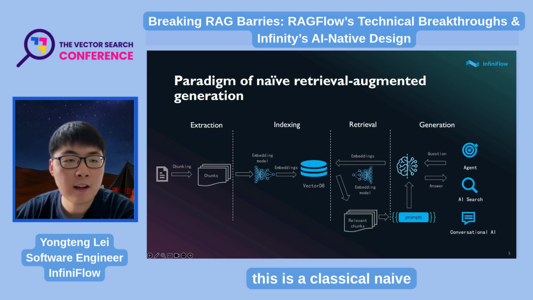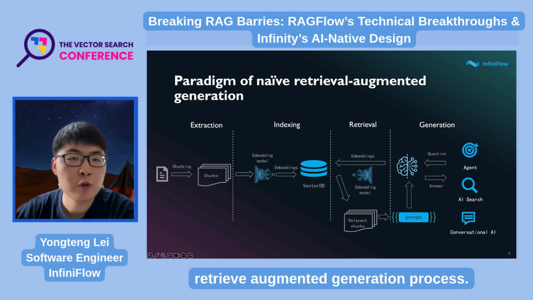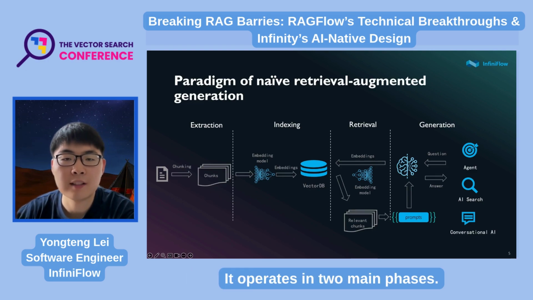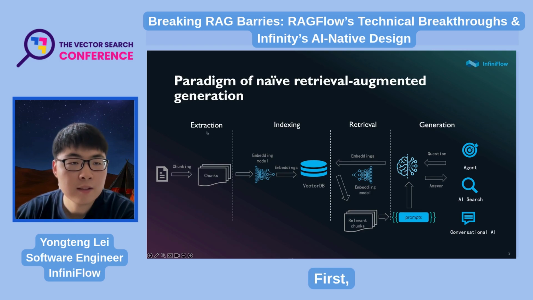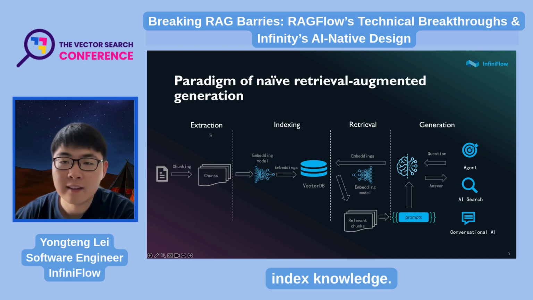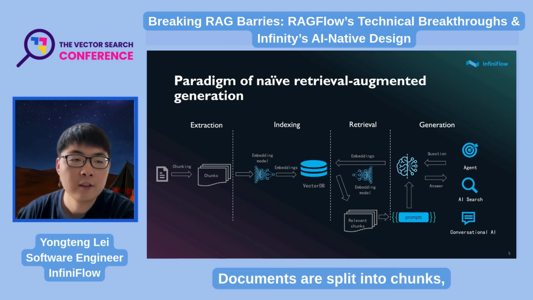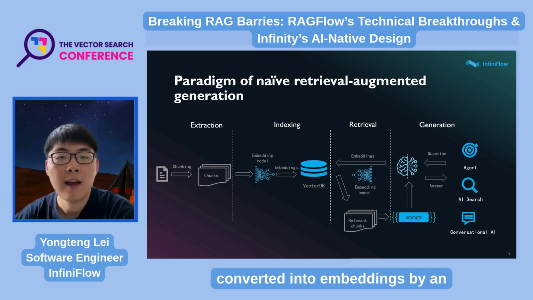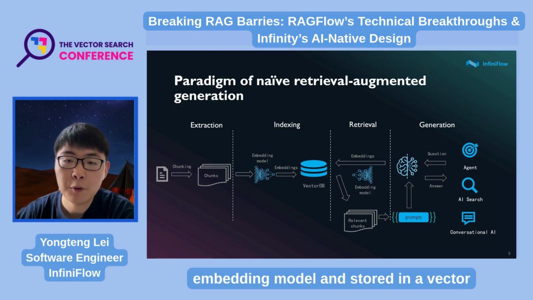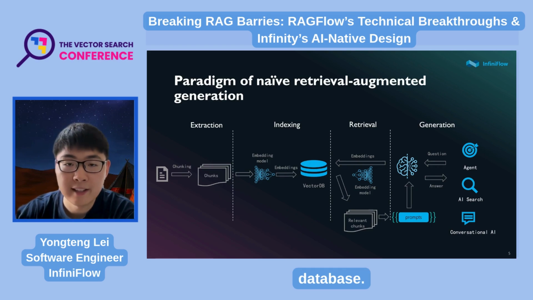Okay, this is a classical naive retrieval augmented generation process. It operates in two main phases. First, we extract and index knowledge. Documents are split into chunks, converted into embeddings by an embedding model, and stored in a vector database.